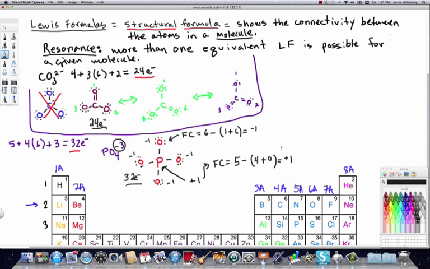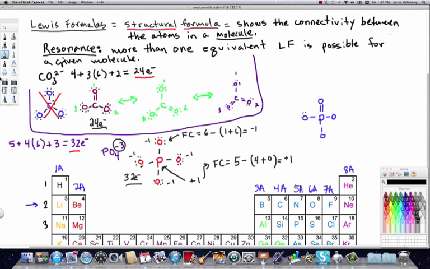All right, now let's see if there's an alternative to this. Like we did in the sulfate example, I'm going to redraw this, but this time I'm going to add a double bond. All right, and I'll put in my electrons.